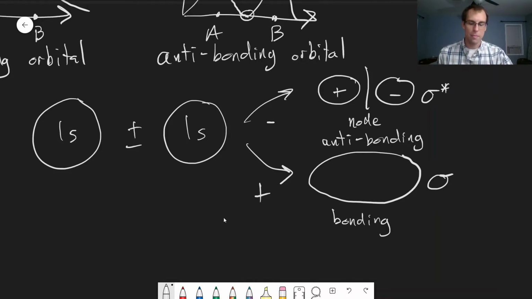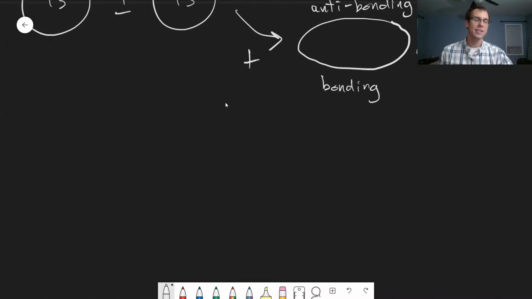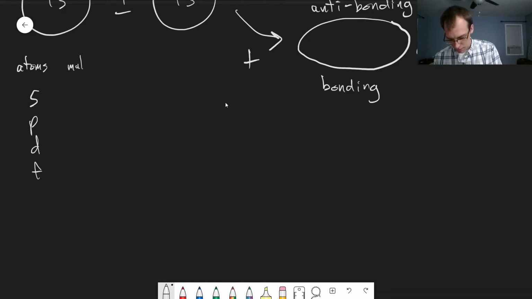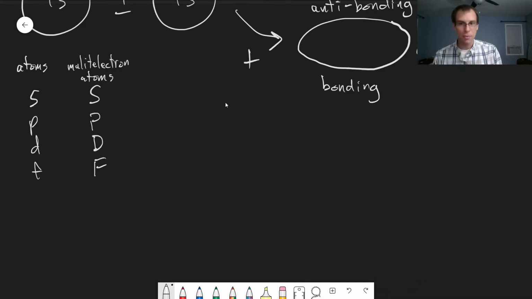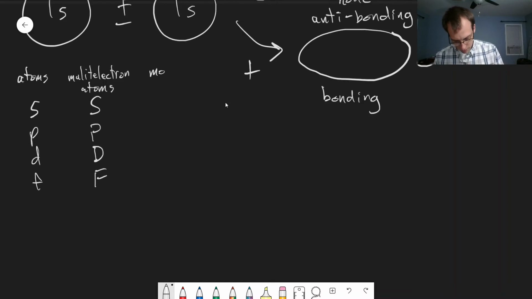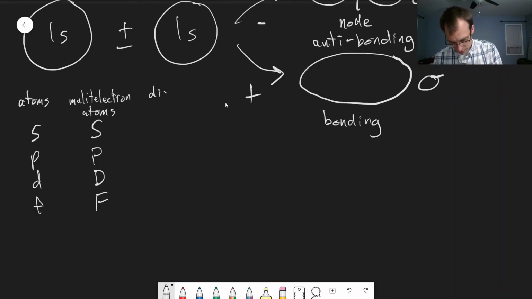So what does sigma mean in this context? This is going to follow the same sort of SPDF orbital labeling. When we talked about multi-electron atoms, these became capital letters, capital S, capital P, capital D, capital F. And now as we move to molecules, and I'll be specific here, this is diatomic molecules that we use this terminology for, we start using Greek letters.